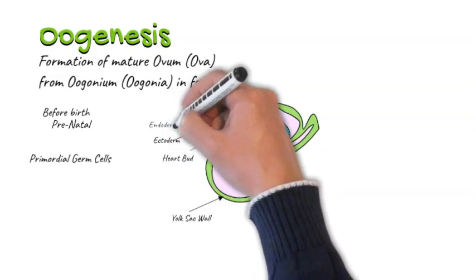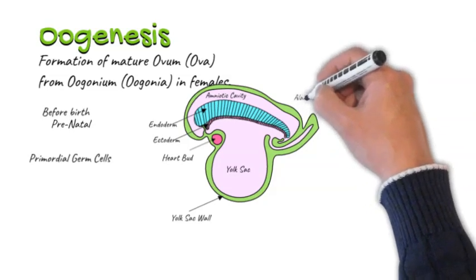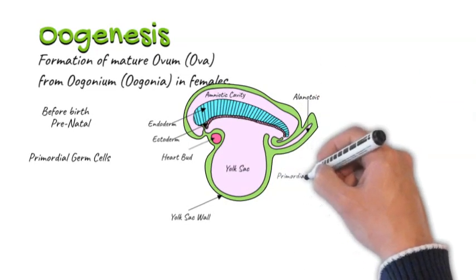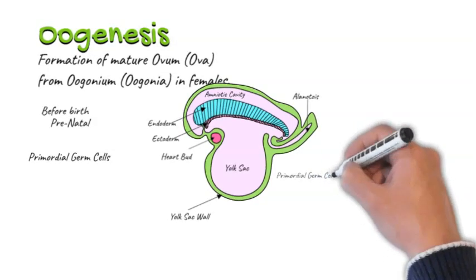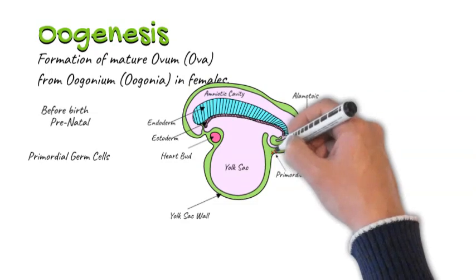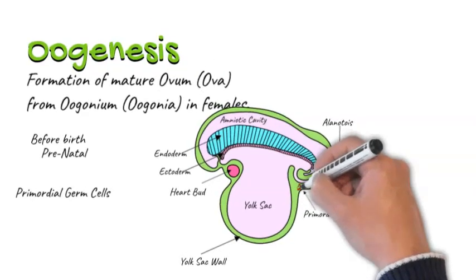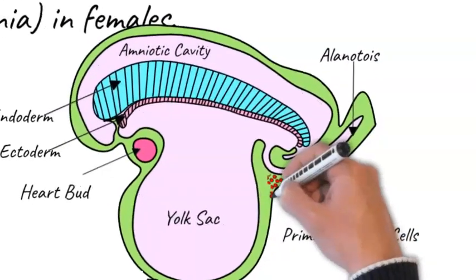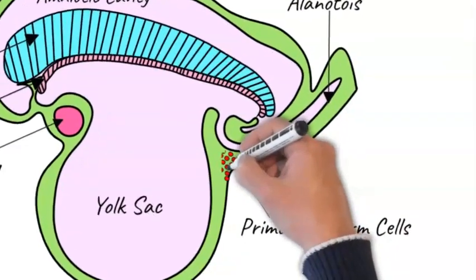In the wall of that yolk sac, the primordial germ cells are found, and they keep on proliferating by mitosis. Okay, we're going to talk about mitosis a little bit later. But right now we want to focus on meiosis. This has to do with the sex cells development.